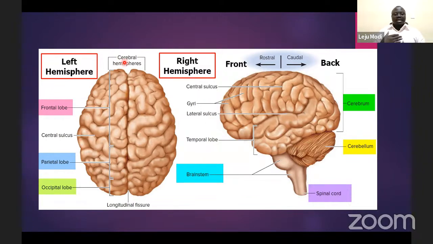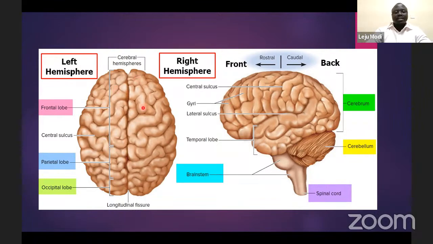So if in my seated position now, you stood behind me and looked at the top of my head, you would be seeing this part of the brain, which is the cerebrum that I talked about, the largest part of the brain, and it is usually divided into two. So the left side is what we call the left hemisphere, and the right side is the right hemisphere.